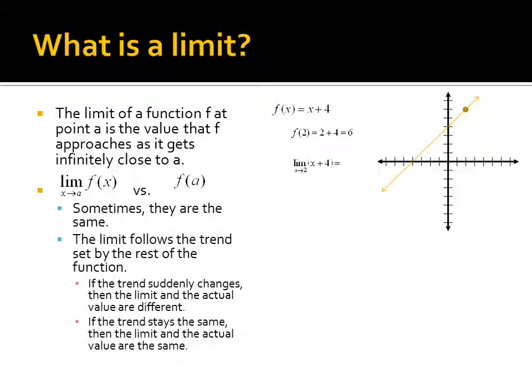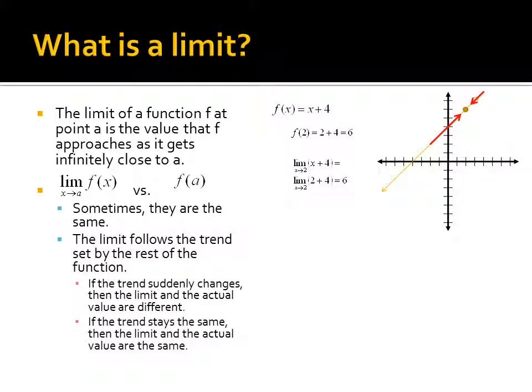Now, let's take the limit of f of x as x approaches 2 and see if we get the same thing. Okay, so if we approach 2, there's two directions we can approach from. We can approach from the negative side heading towards the positive side, and that's represented by this red arrow here. Or we can approach from the positive side heading towards the negative side, and that's this arrow here. And both of those trends converge on the same point. And that point where those trends converge also happens to be the value of f of x at that point.